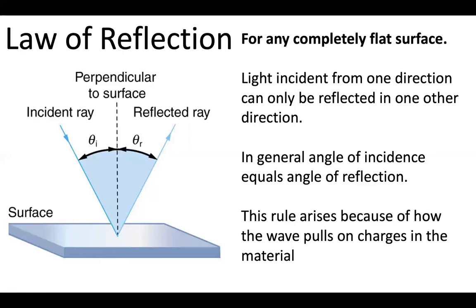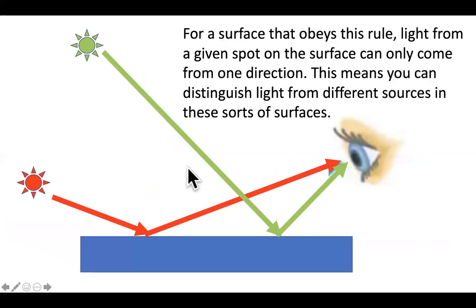Now, this rule has some important implications. For example, if we imagine we have a completely flat surface that obeys this rule, and we consider a couple of light sources, one green and one red. The green one is fairly high up, the red one is fairly low down.